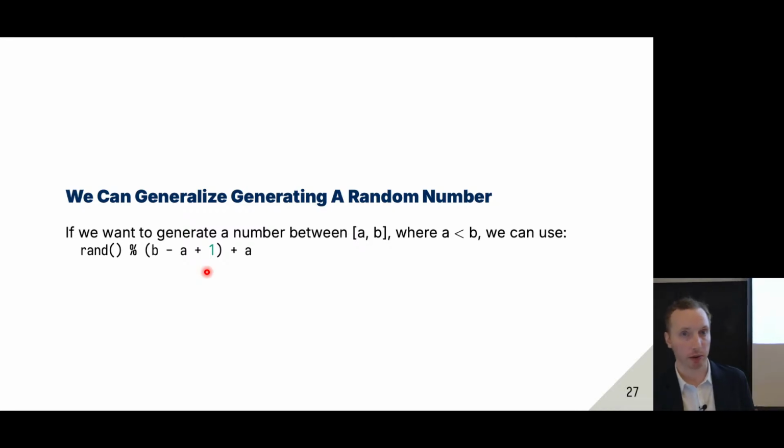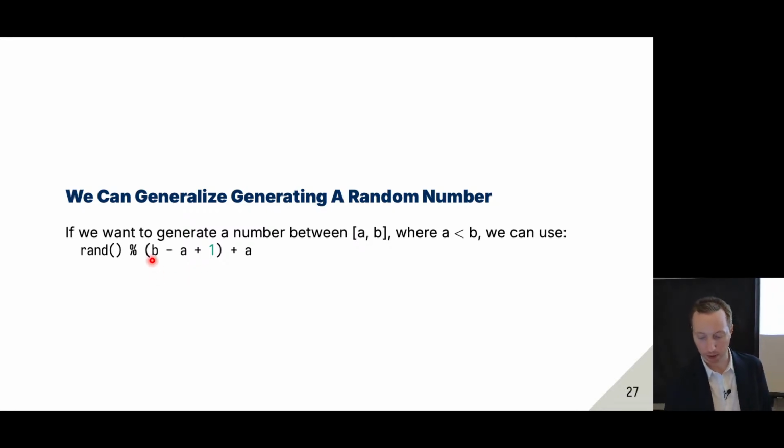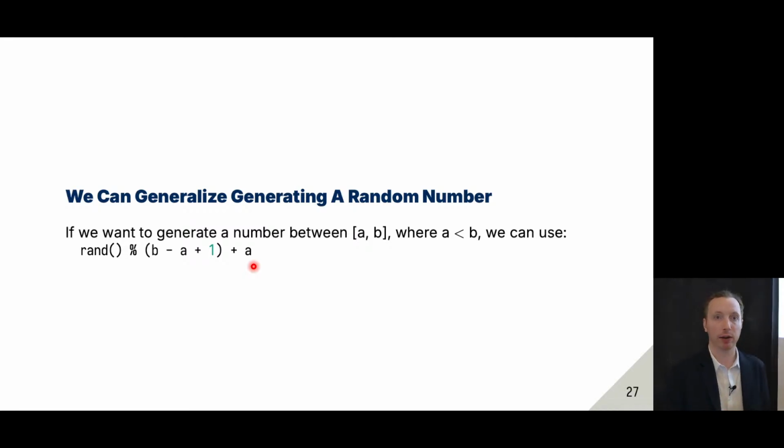Well, A was 1, and B was 10, so that would make sense. So 10 minus 1, that's 9, plus 1, so that means we would mod it by 10, and then plus A, well, that was just 1, so we get the same result. So this is that general form of getting a random number between two values.